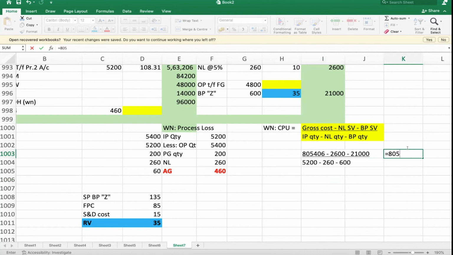Sir, we'll get 7,81,806 divided by 4,340 units. I am getting 180.1396. Correct, sir. So what are the answers? Can you repeat? 180.1396.